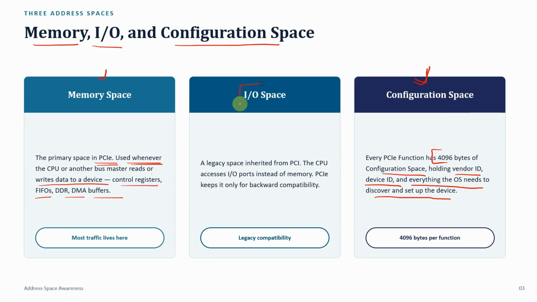Now coming to my IO space, it's a legacy space inherited from PCI. PCIe compliant devices are not going to have any kind of IO space, but PCI devices, the older devices, are going to have this kind of input output space, where the CPU is going to access the input output ports instead of memory.